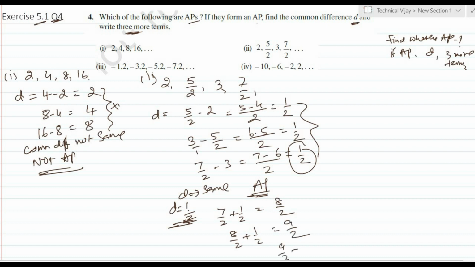Then 9 by 2 plus 1 by 2 is equal to 10 by 2. So this is 5, actually, the previous one is 4. So the next terms will be 4, 9 by 2, 5, like this. Okay, so we will go for the next one.